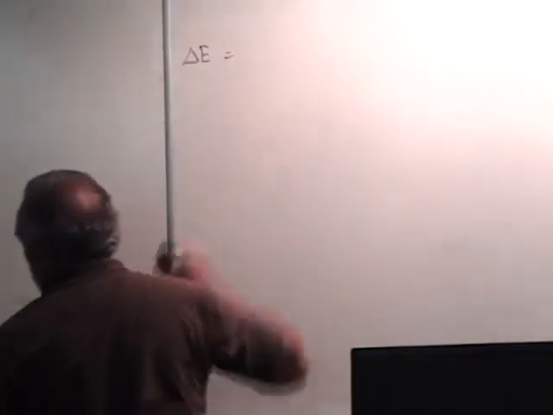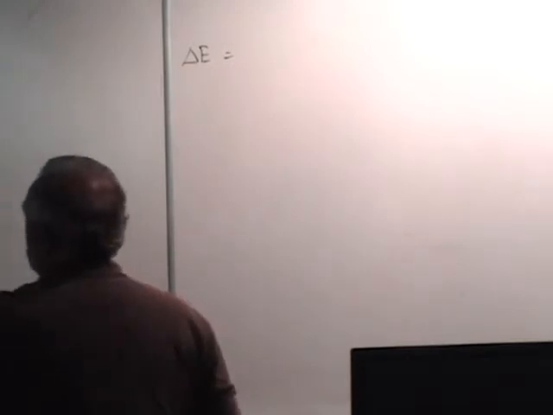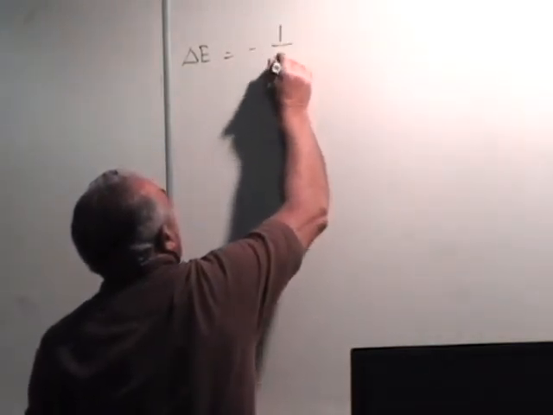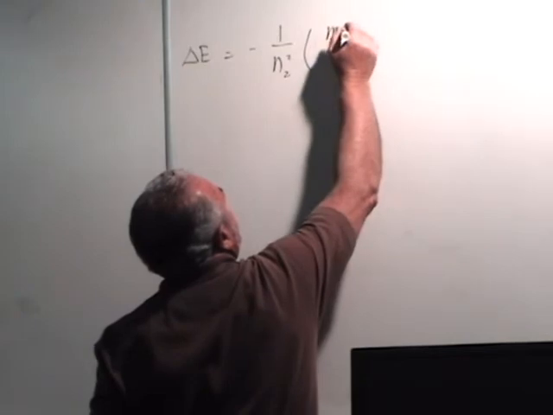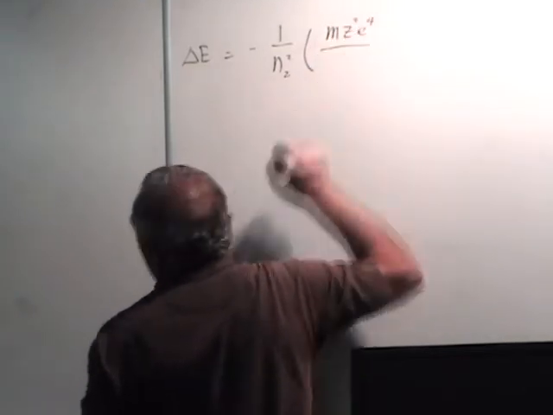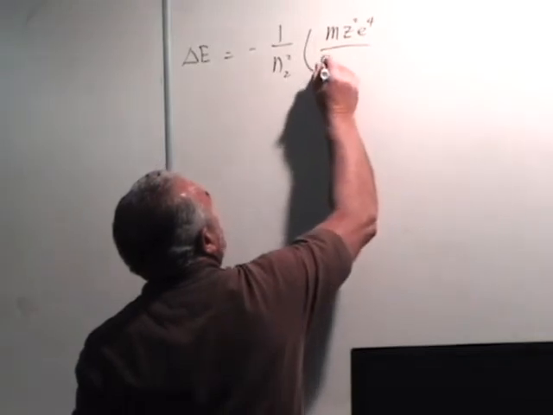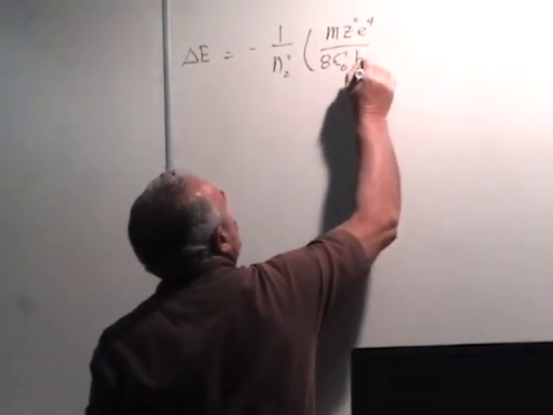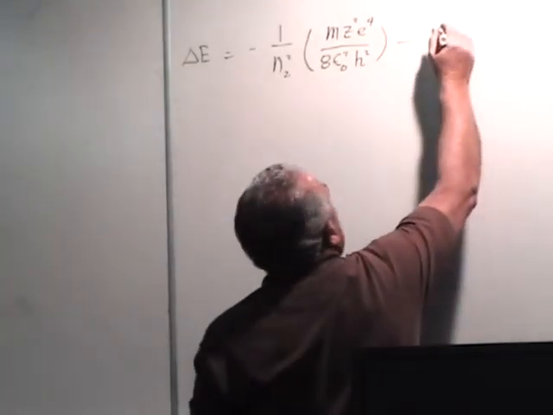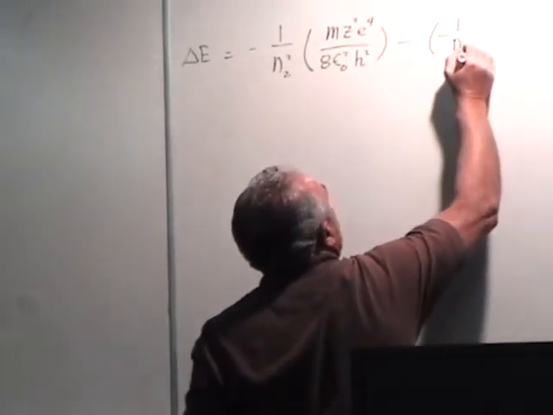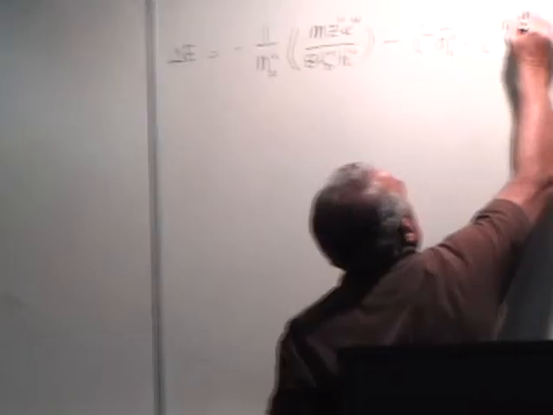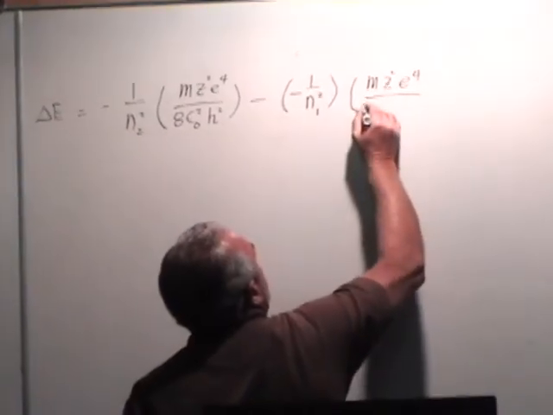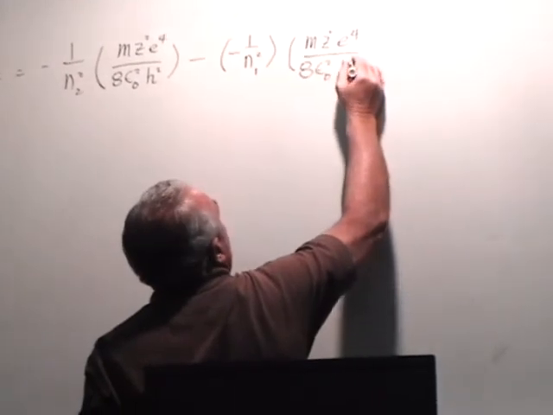Delta E, the energy difference, is going to be 1 over N2 squared times this creature, m Z squared e to the 4th over 8 epsilon naught squared h squared, minus 1 over n1 squared times the same thing, m Z squared e to the 4th over 8 epsilon naught squared h squared.